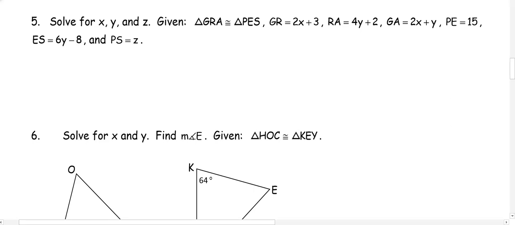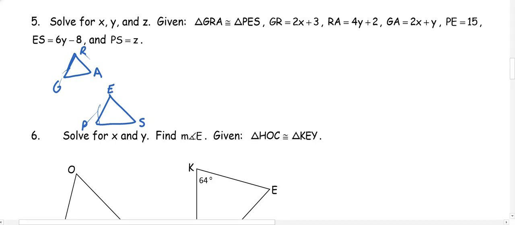So in number 5, we have triangle GRA, and we have triangle PES.